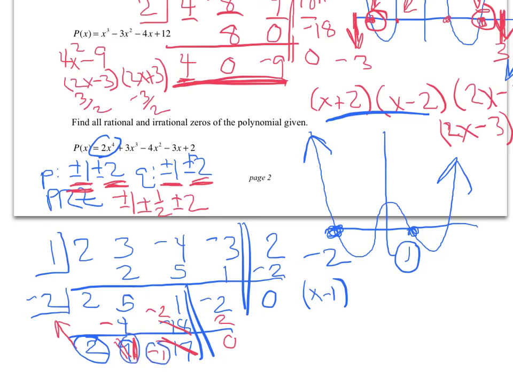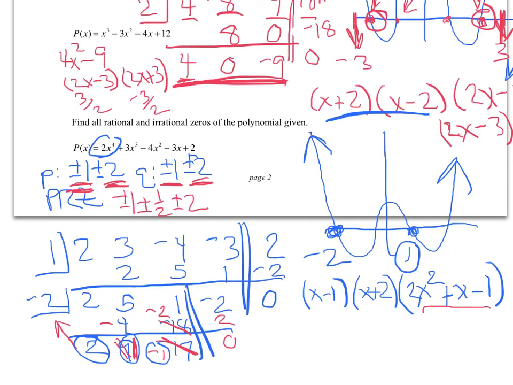So now I know that negative 2 is a zero, so x plus 2 is a factor. And the third factor is 2x squared plus x minus 1. And now that part's quadratic, so when I get to a quadratic, I can use the quadratic formula to find the other 2 zeros.